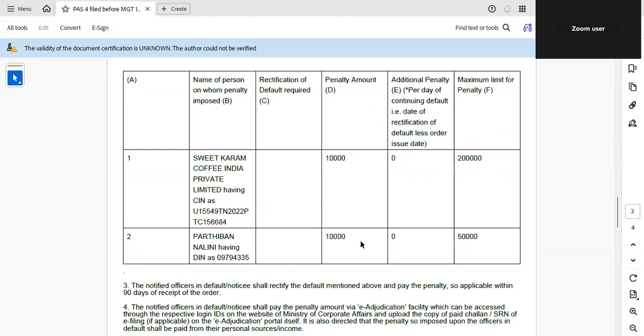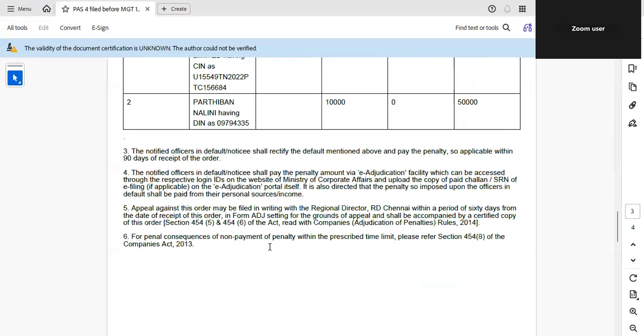Considering the circumstances, ROC imposed a minimum penalty. The order also directed to pay the penalty within 90 days through the e-adjudication portal, from the director's personal fund. Right to appeal is there before the RD within 60 days through Form ADJ.